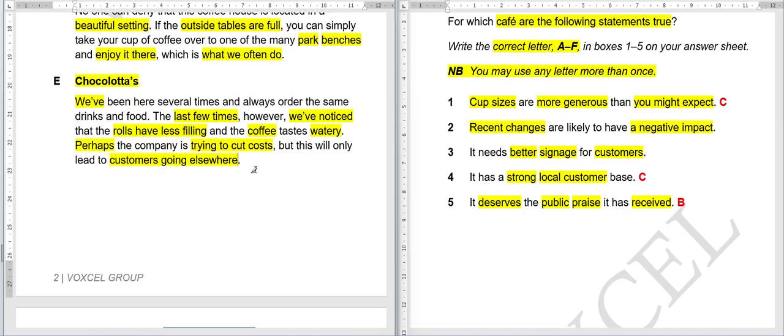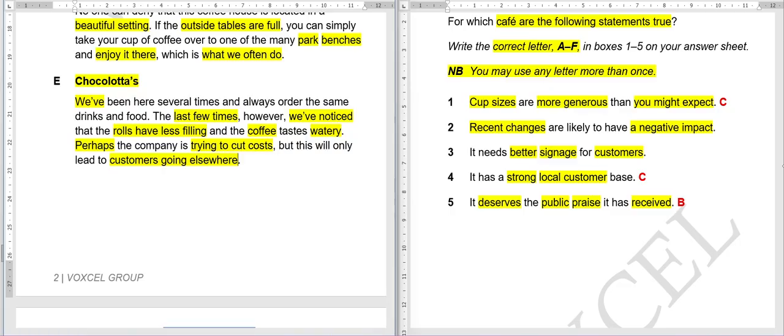Tell me whether there is any answer or not, and time begins now. Okay, time's up. Let's see if there is any answer or not. Second question: recent changes are likely to have a negative impact. Is there any mention of recent changes that may be negative?